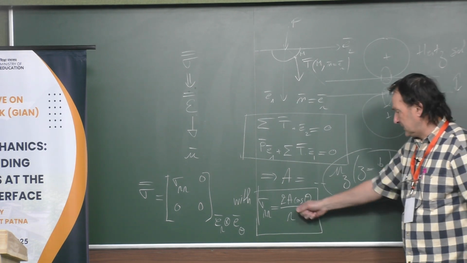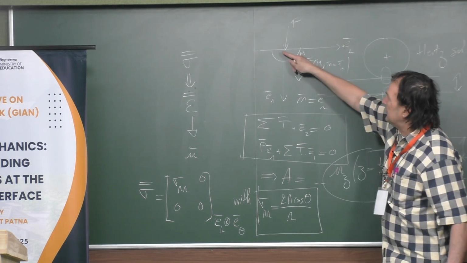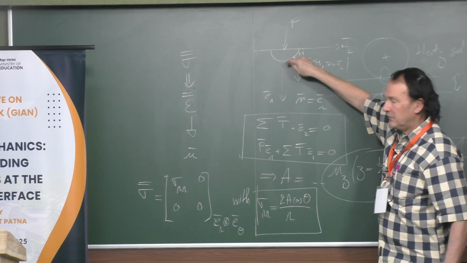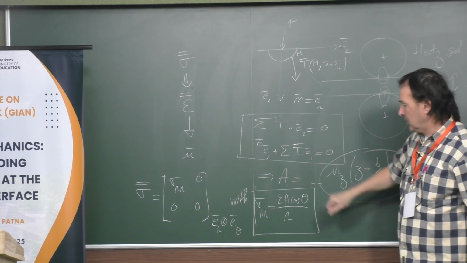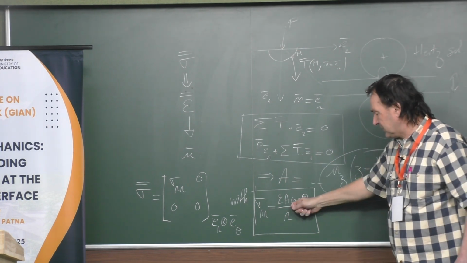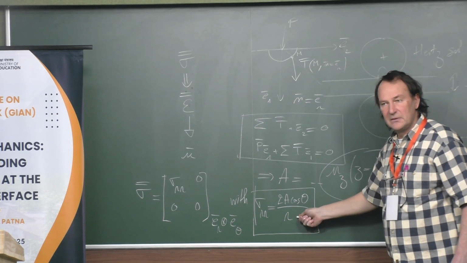Okay? And as I said before, by doing the equilibrium of this half disk, you can calculate this constant. Now you can check here what happens when R tends to infinite.